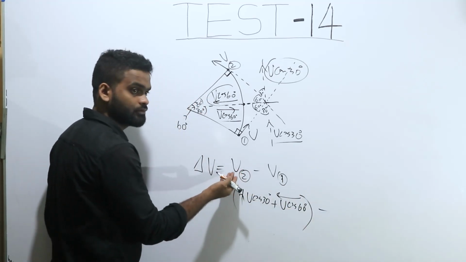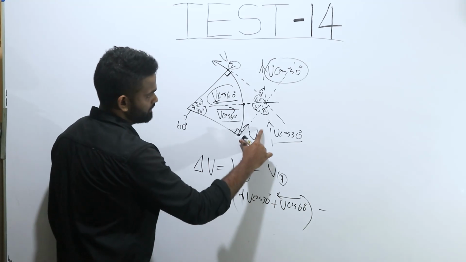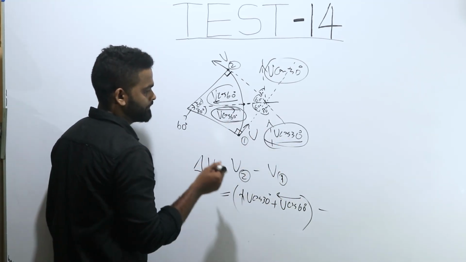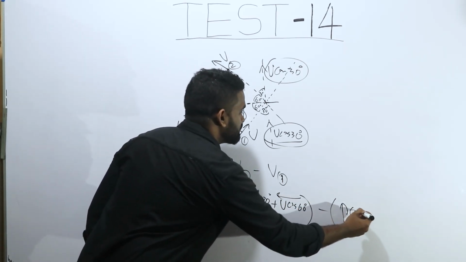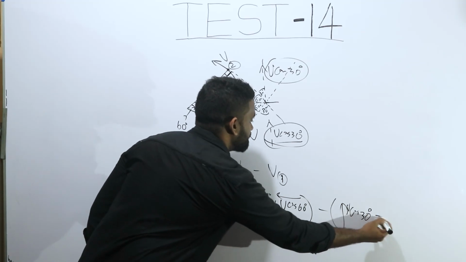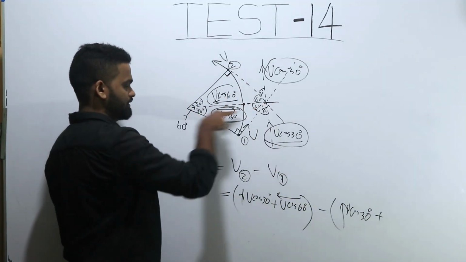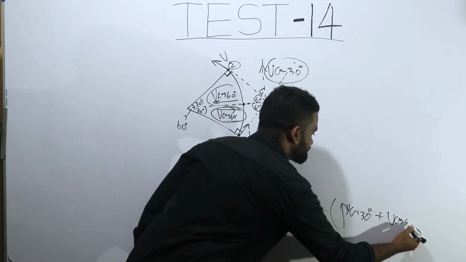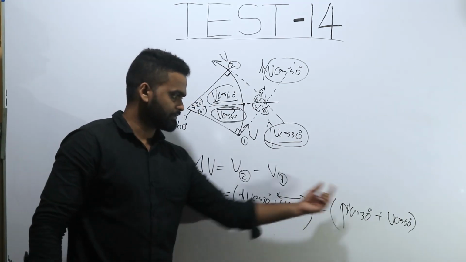Then you have to consider the components at 1. V cos 30 upwards, and this one away from the center, V cos 60. Okay, so you have to simplify these two.